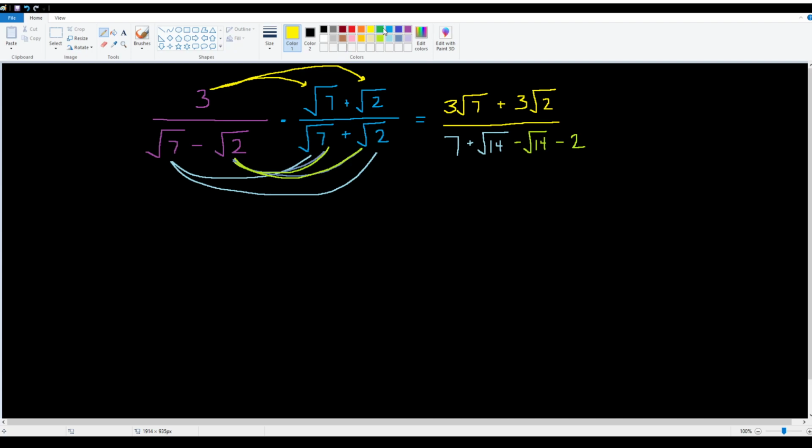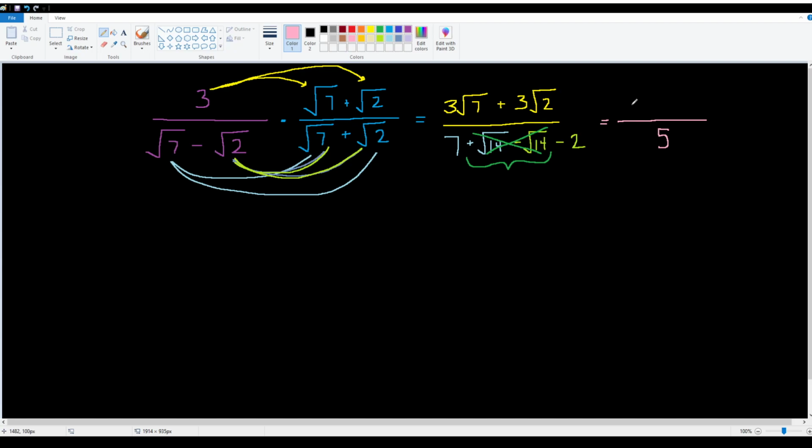So just like in the previous problem, again, we see here that a positive square root of 14 minus square root of 14, these are going to cancel each other out. And in the denominator, I'm going to just be left with 7 minus 2, which is going to end up being 5.